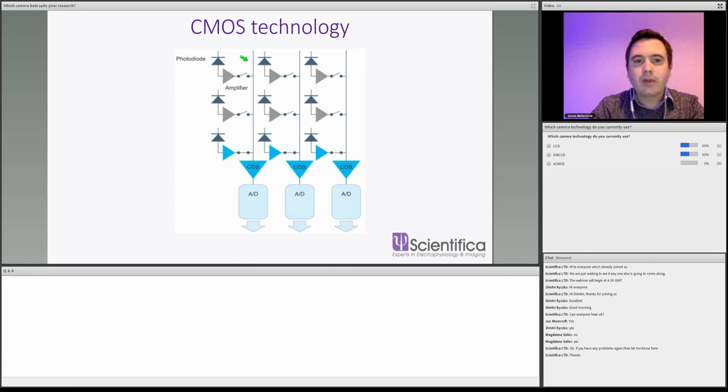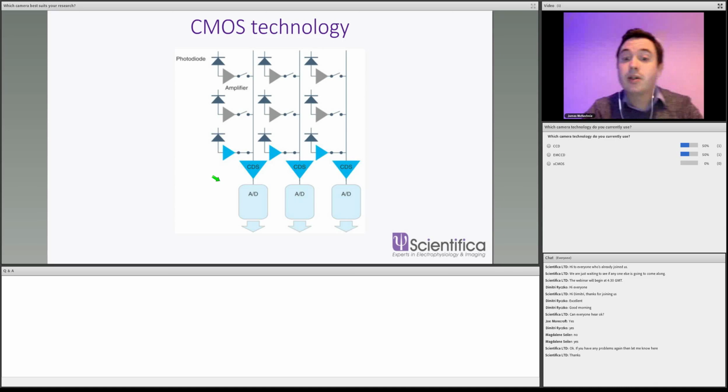We have these pixels in rows and columns, as always, but at the bottom of each column, you have an ADC for each column. So why is that important? Well, that means we can get higher speeds overall on the camera, but because we have these running in parallel along the columns, you can run each one much slower.